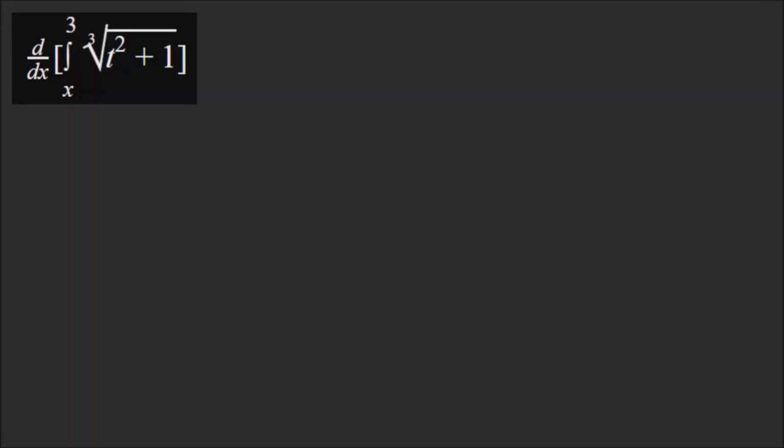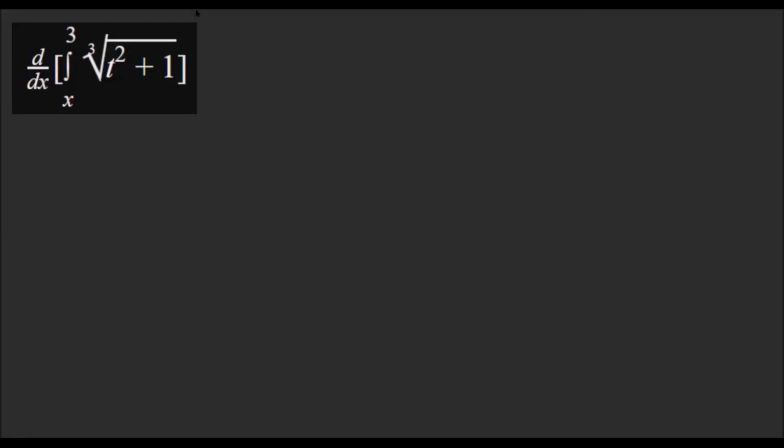So this integral is a bit more difficult to solve, and this is why the second fundamental theorem of calculus is important to memorize, because this over here would be quite difficult to integrate normally, and so we're going to use this shortcut instead. But first, let's try to fix this up a bit.